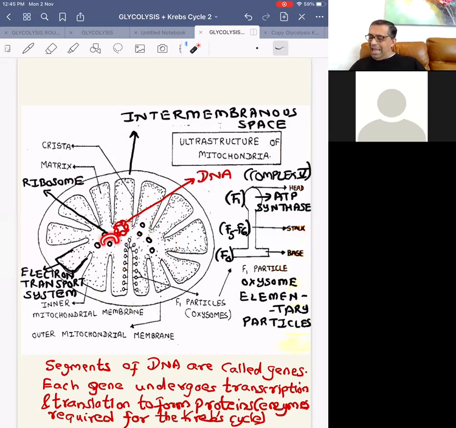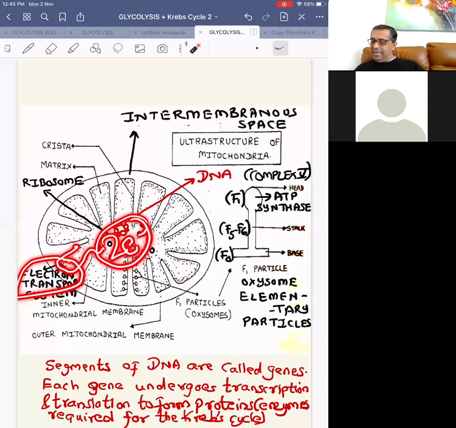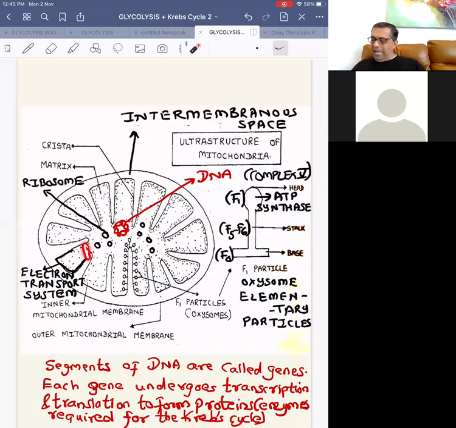The 2 electrons will go towards the inner mitochondrial membrane, where they will pass through the electron transport system consisting of cytochrome B, cytochrome C1, cytochrome C, cytochrome A, cytochrome A3 and undergo the electron transport system. Let's see what this is, the ETS.